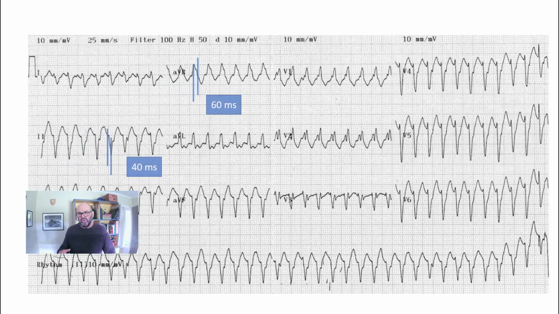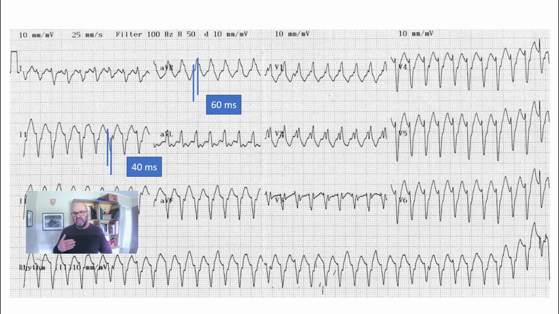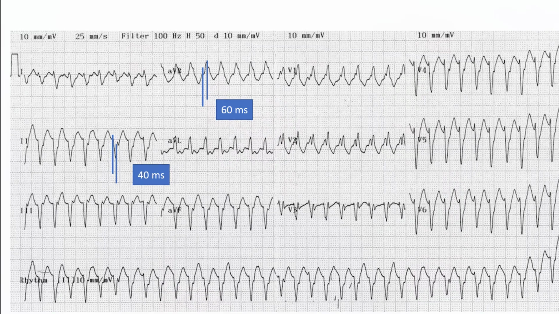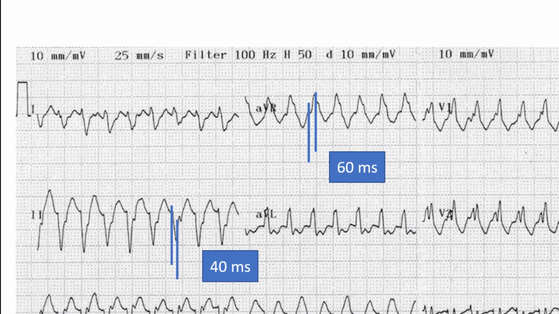In the example shown here, we can look at lead AVR and see that the measurement starting from the initial deflection of the QRS to the peak of the R wave is greater than 40 milliseconds. This would be considered positive in terms of the Basel criteria. When I compare it with the one in lead 2, which is just on 40 milliseconds and maybe a little bit over, it's not as obvious.